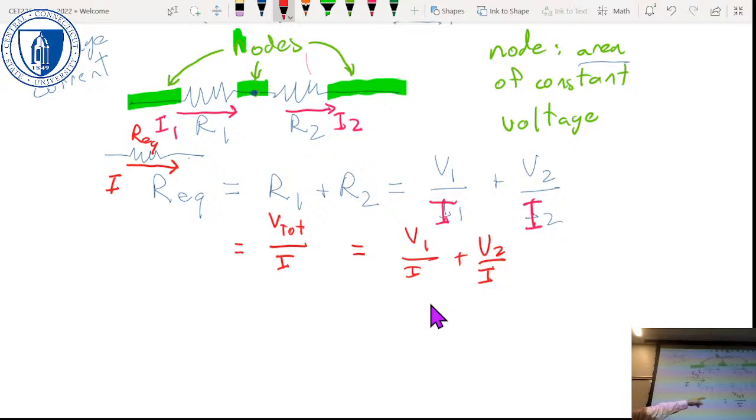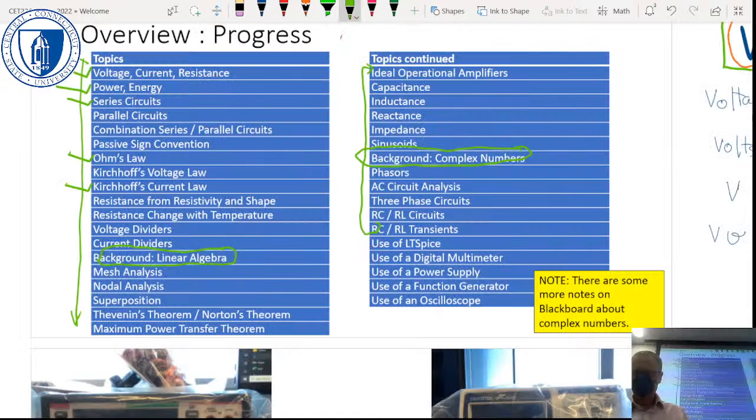I've talked about Ohm's law. You would have noticed that I added some polarities on my V1 and V2 when I drew them.